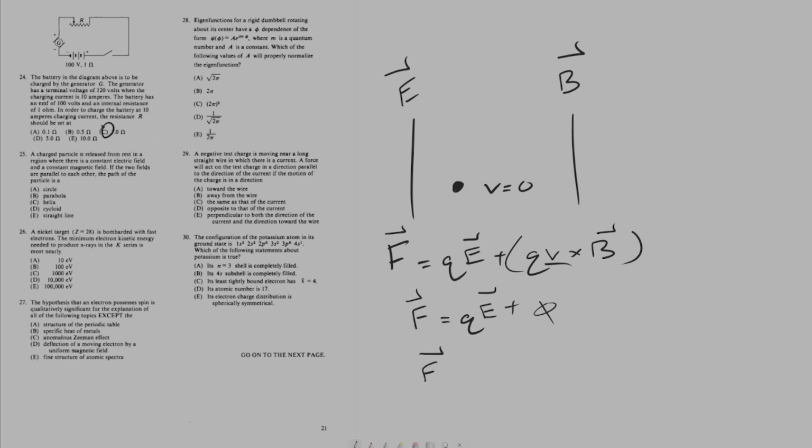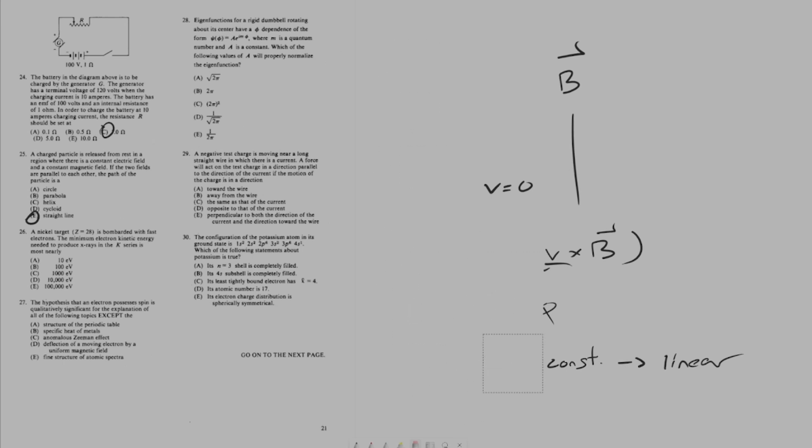So if I have a force that's just based on the electric field, and we're given that the electric field is a constant value, so that force will also be constant, which tells me it's going to go in a straight line, which is answer E. Okay, that one was not too bad. Let's move on to the next question.